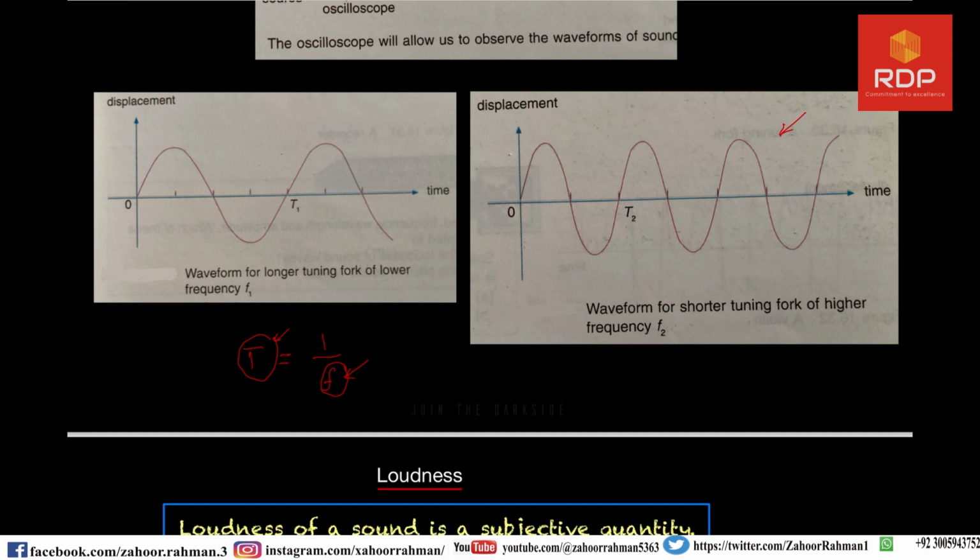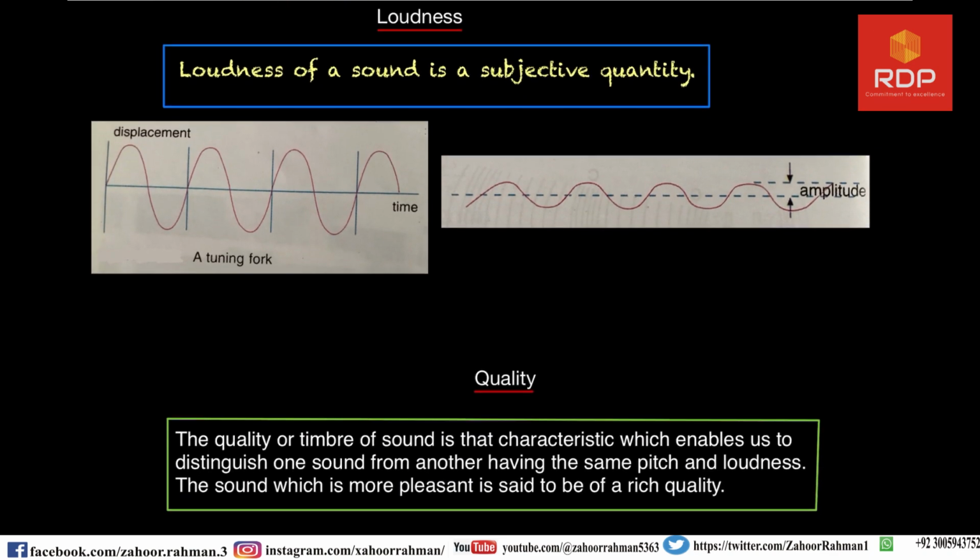And very simply, in a nutshell, we can say that if the sound is lower, its pitch is low. If the sound is higher, then its pitch is high. That's it. The next is the loudness.